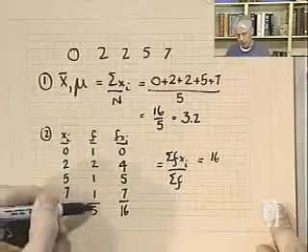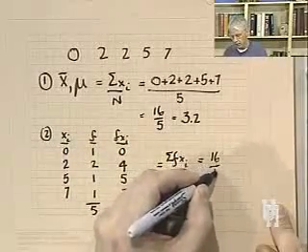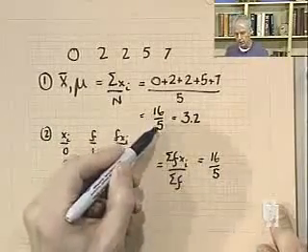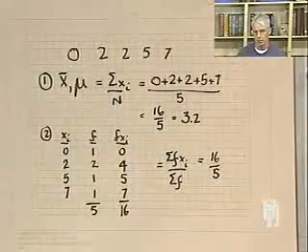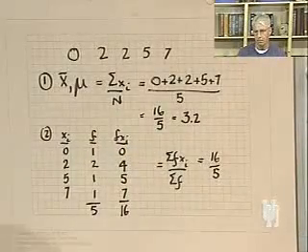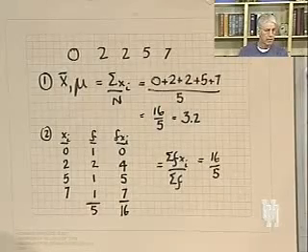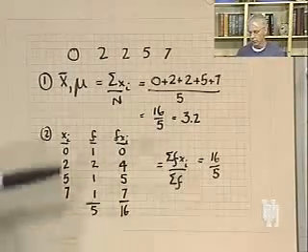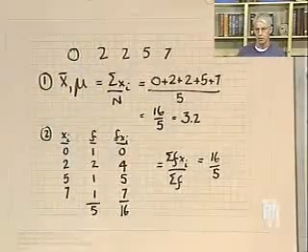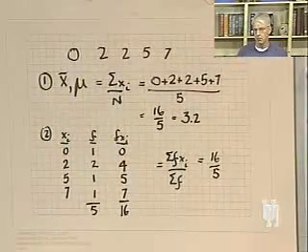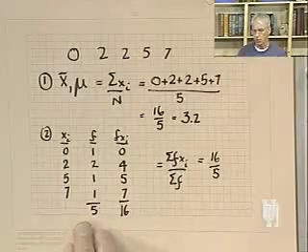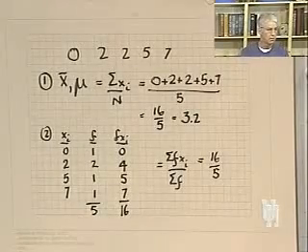The sum of the f column is 5. So once again, the mean is 16 over 5, or 3.2. And as I've indicated, the more scores you're dealing with, the relatively more efficient it becomes to use this second method.